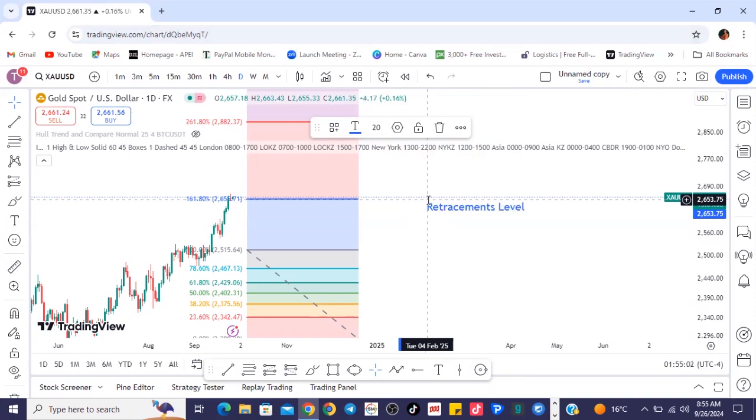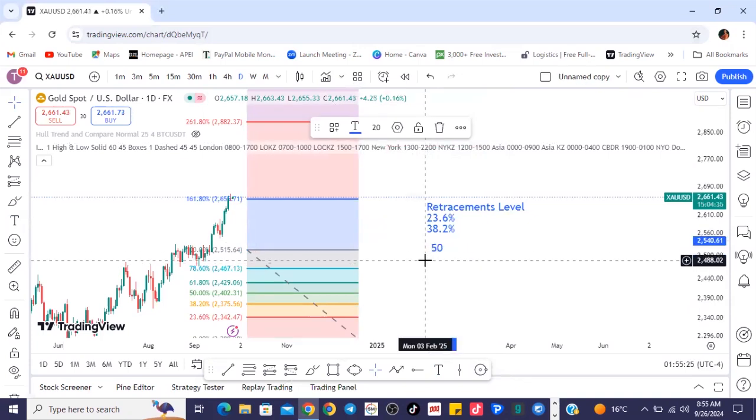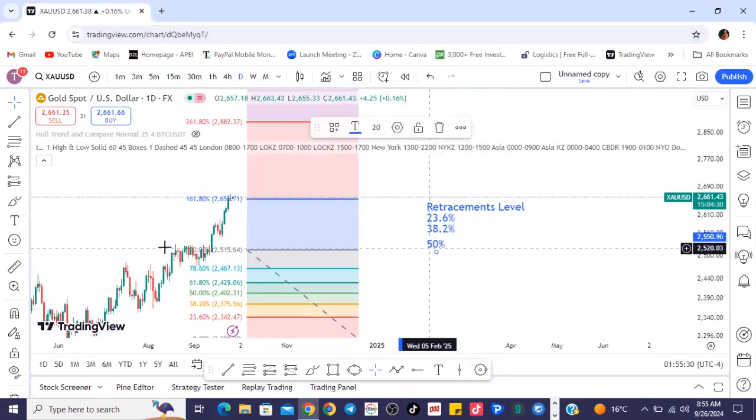Here we are talking about 23.6%. That's a retracement level. The next retracement level that we have is 38.2%, and then the 50% retracement level, which is actually a very powerful retracement level.